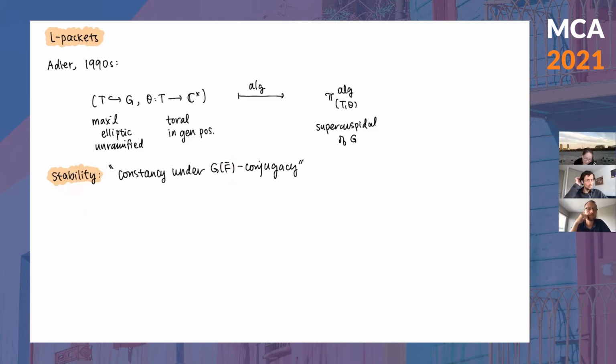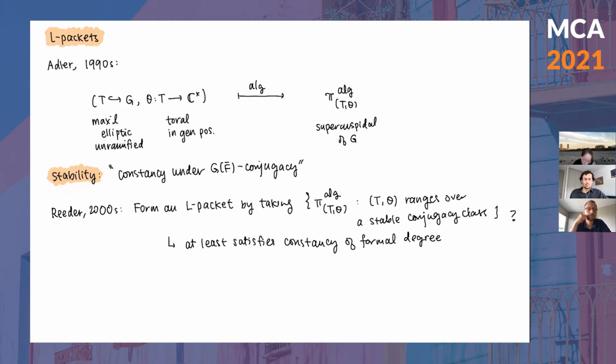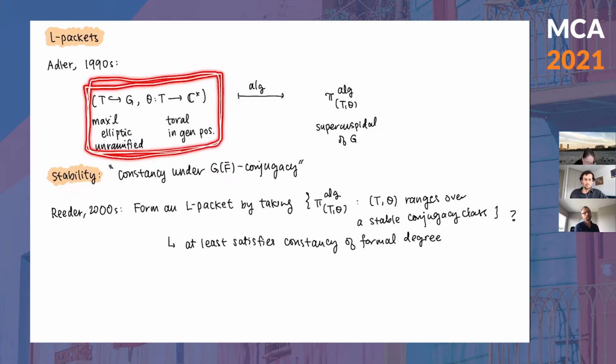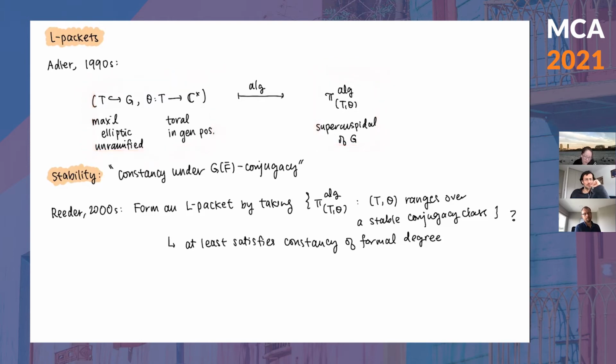Okay. And so what's the point here? The thing is that there's a notion of stability on this side, and there's also a notion of stability on this side. And so one natural question you could ask is whether or not this recipe preserves that stability.